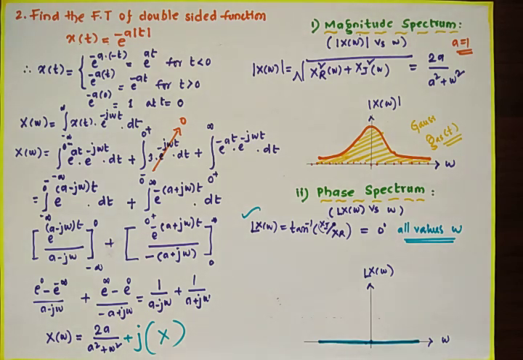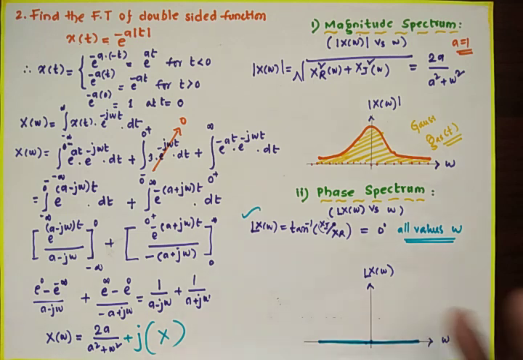In the material I shared with you in the previous classes, I have discussed around 7 to 8 problems on the Fourier transform, so everyone go through those problems so that you will be perfect in getting the Fourier transform of any kind of signal.